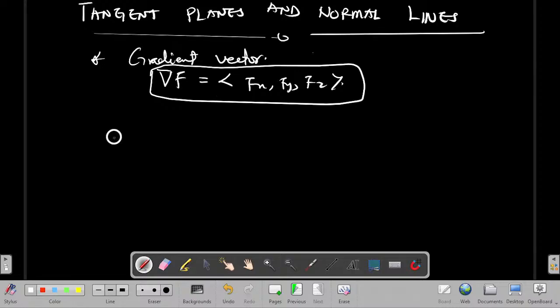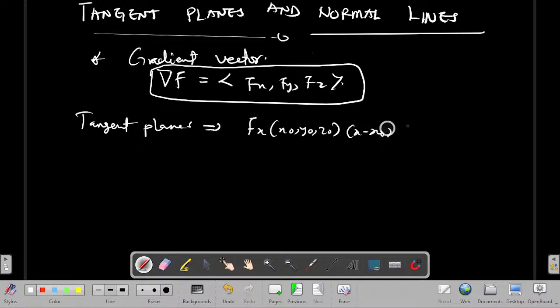So therefore, the tangent plane formula, let me write the formulas for you. So tangent plane formula is given as: you have f, so this is in three dimension, okay? You have fx of x naught, y naught, z naught, multiplying x minus x naught, plus fy of x naught, y naught, z naught, multiplying y minus y naught, okay?